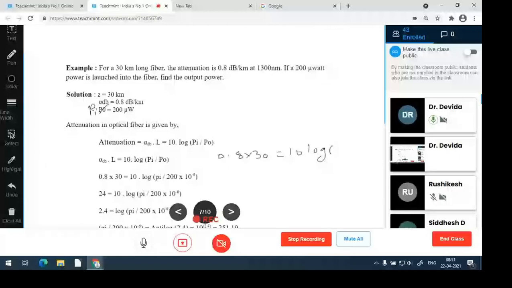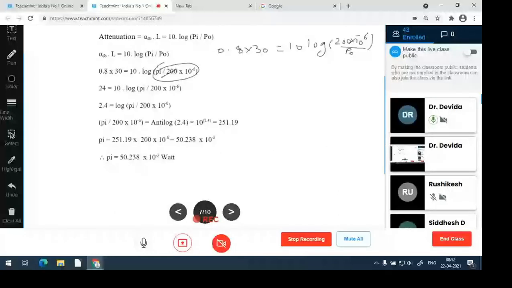Pi is given as 200 microwatt, so 200 into 10 raised to minus 6, divided by PO. So Pi is given. This we have to correct. So this is the correct formula.